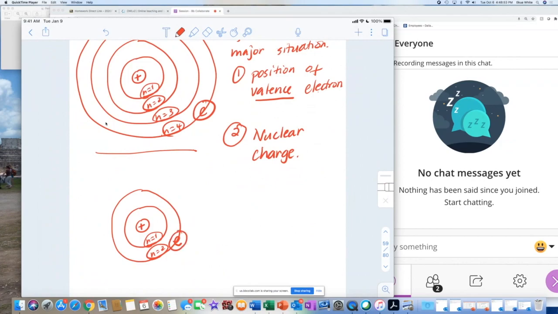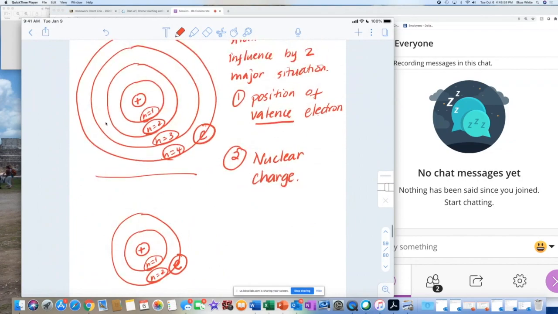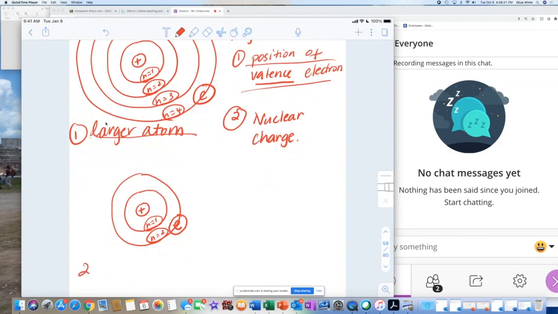It's obvious the one in energy level 4 is very far away from the nucleus, making the top atom larger. So I use the position of the valence electron to determine the relative size of the atom. The one where the electron is further away from the nucleus will be larger. By comparison, this one here will be a relatively smaller atom.